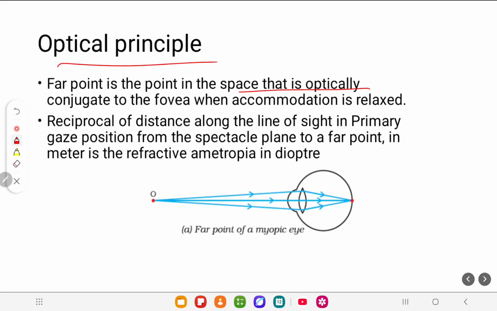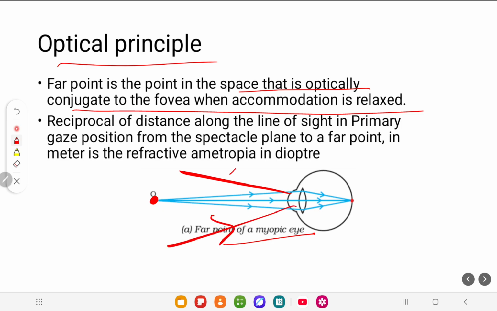The far point is the space point optically conjugate with the fovea when accommodation is relaxed. Whenever light comes out from the retina, it shows the basic nature of the eye. If the eye is myopic, the far point is somewhere in space. If hyperopic, the light goes divergent, which means the far point is virtual.